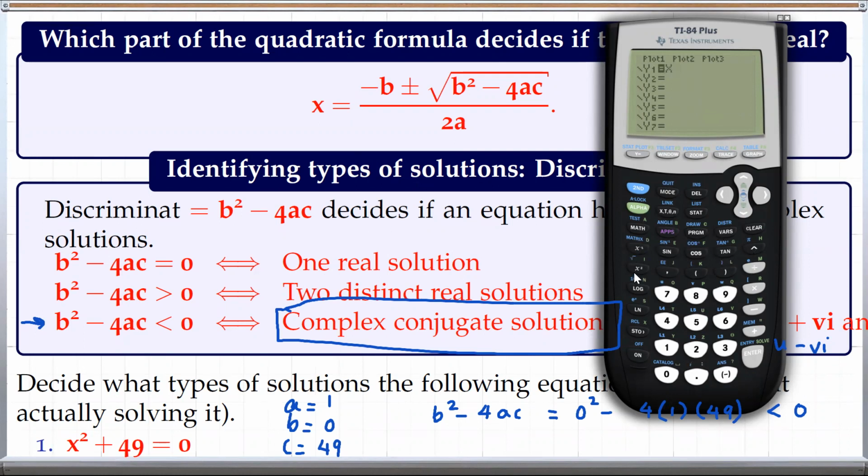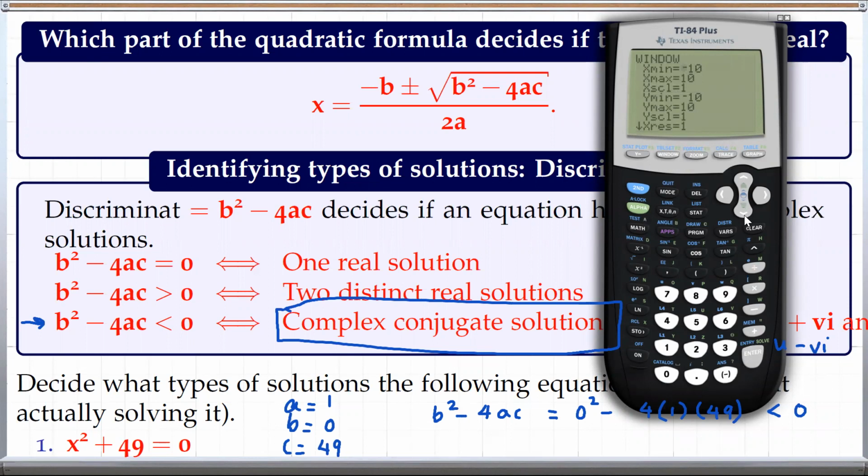The solutions to this equation are those x values where x squared plus 49 is 0, which means where the graph of x squared plus 49 crosses the x-axis. Let's hit enter here and then hit graph.